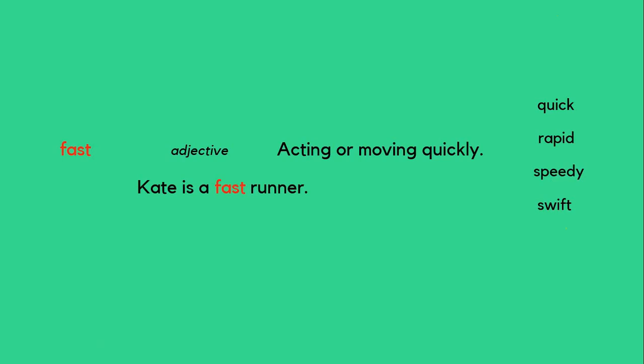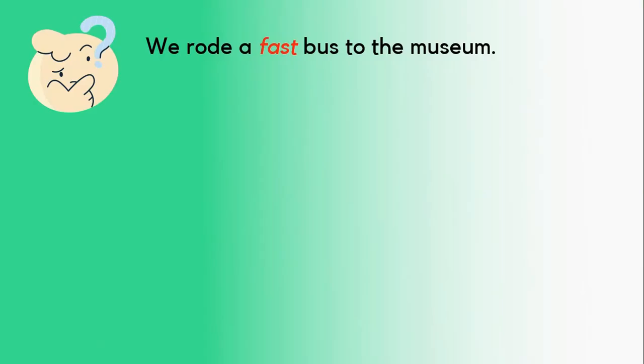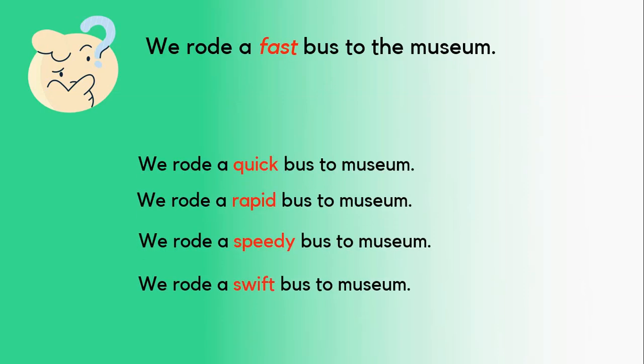So if I want to change the word fast from our previous sentence, I will put each word into the sentence like this. We rode a quick bus to the museum. We rode a rapid bus to the museum. We rode a speedy bus to the museum.